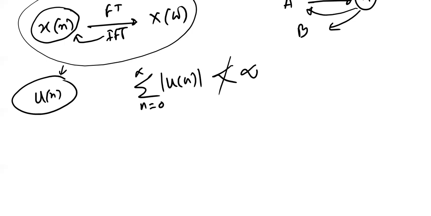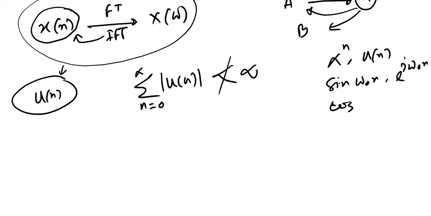These functions I have already mentioned earlier, like alpha to the power n u[n], sine omega 0 n, e to the power j omega 0 n, cos omega 0 n. They are neither summable nor square summable, but they have the Fourier transform, and u[n] is one of them.